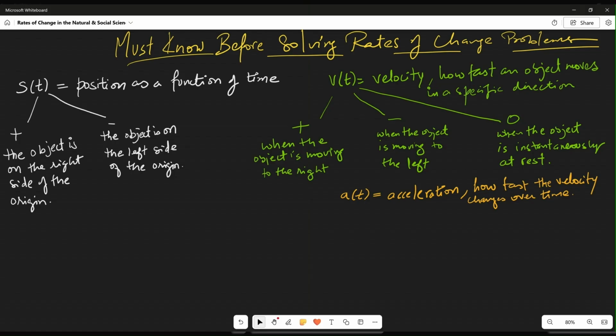And acceleration positive or negative means: positive means the object is being pulled to the right, and negative means the object is being pulled to the left.